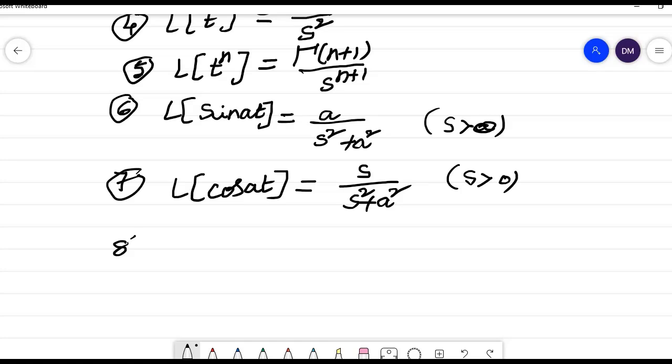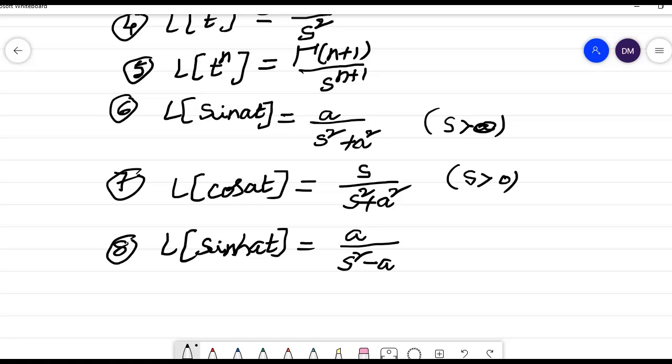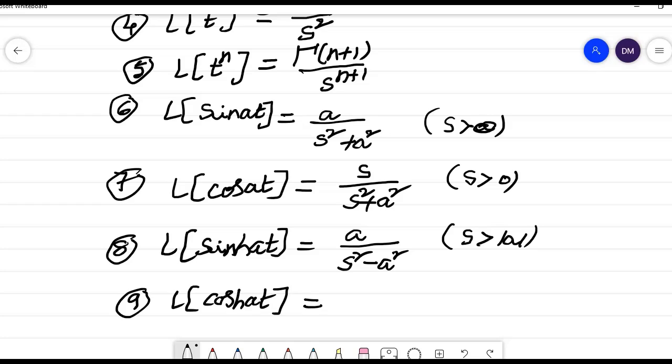Now coming to the eighth one, Laplace transform of sinh at is equal to a by s square minus a square. Here s is greater than modulus a. The last one is Laplace transform of cosh at is equal to s by s square minus a square. Here s is greater than modulus a.